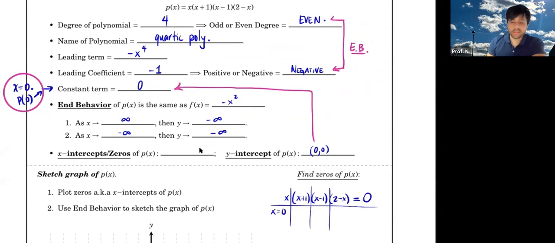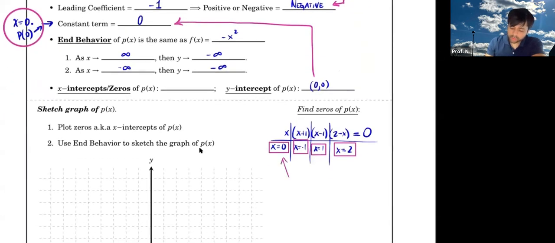So when x is a factor, x equals 0 is the solution, the root, or the 0. Then we have x equals -1, we got x equals 1, and we got x equals 2. So what do we have? We have 4 zeros.